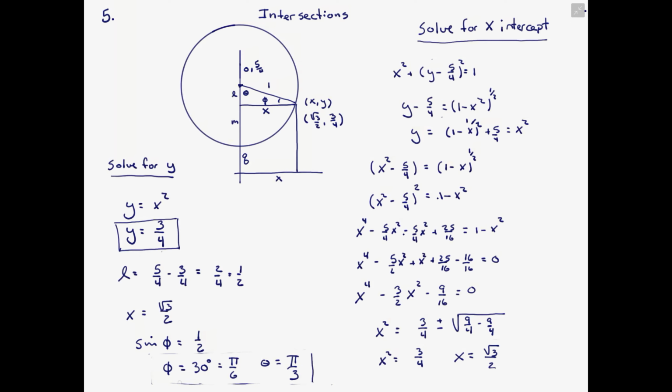We'll then use that information to solve for y by plugging square root of 3 on 2 into y equals x squared, and I get y equals 3/4. And you'll see that that's within the box up there.